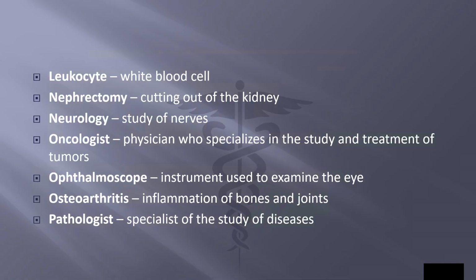Our next combining term, we have osteo, which means bone. Our medical term, osteoarthritis. This is the inflammation of bones and joints. Figure 1.11 on the bottom of page 13 shows a normal knee joint and a knee joint with osteoarthritis.